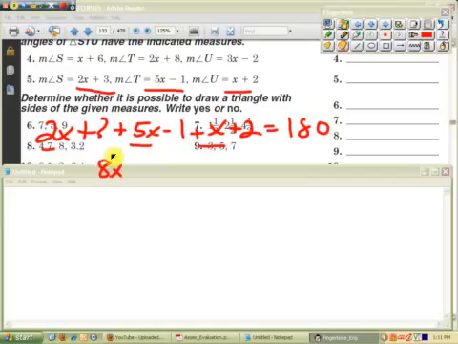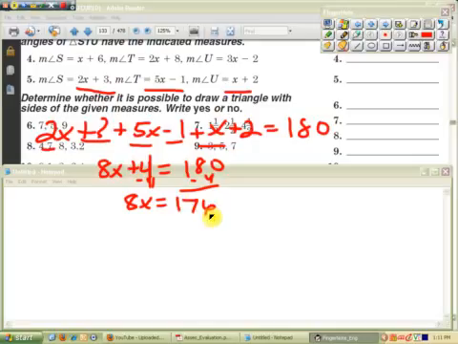That's 8x. Then I have 3 minus 1 is 2 plus 2 is 4. Subtract my 4. I'm going to get 8x equals 176. If I divide by 8 here, x will equal 22.